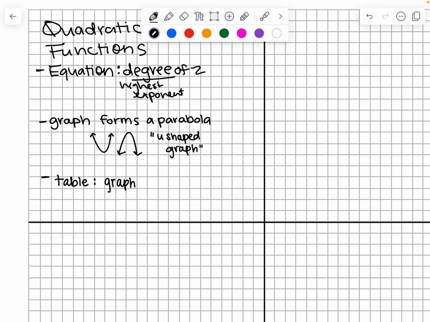The graphs and the tables are symmetrical about a particular point or about the axis of symmetry, which we will define here in a minute. They are also centered around a point called the vertex. Again, we'll define that here in a second.